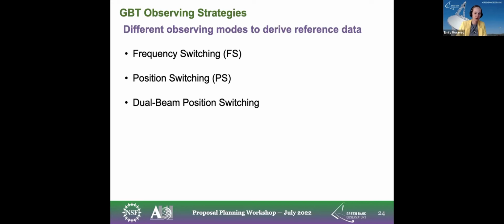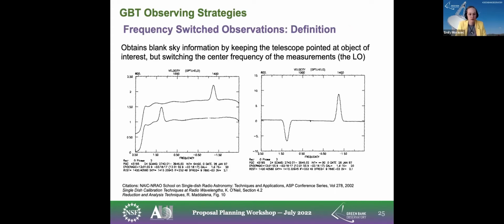So let's go through a few of the main observing modes and strategies that you use to derive your reference data. So first you have frequency switch observations. So this is when you obtain blank sky by keeping the telescope pointed at the same object, but simply switching the center frequency of the measurement. So you're switching the local oscillator. So you can see that here in the left image where you have the line that's shifted by a certain amount.